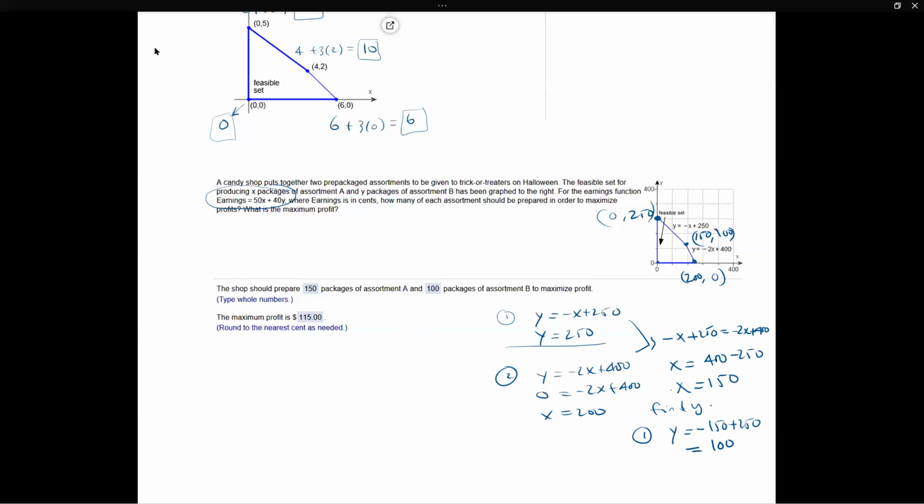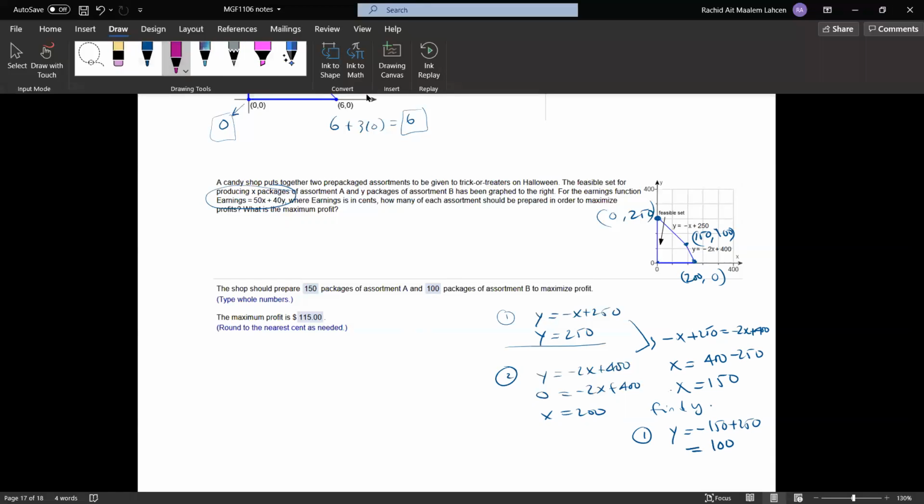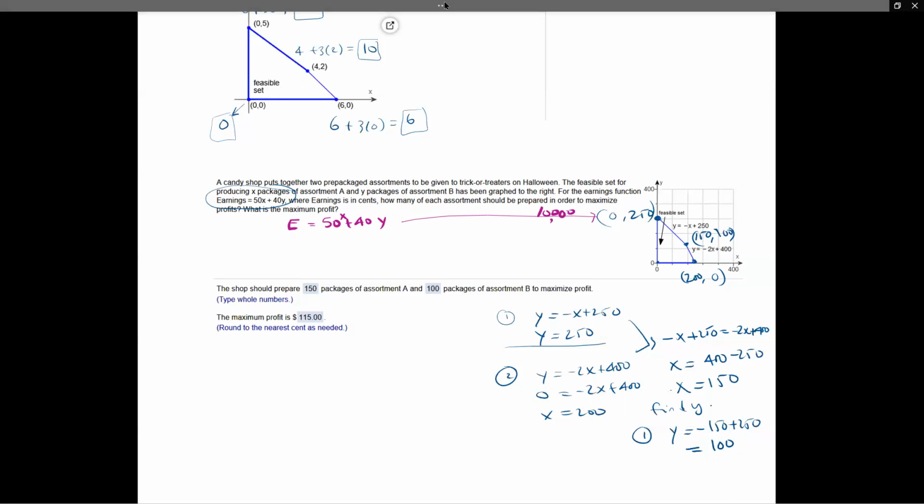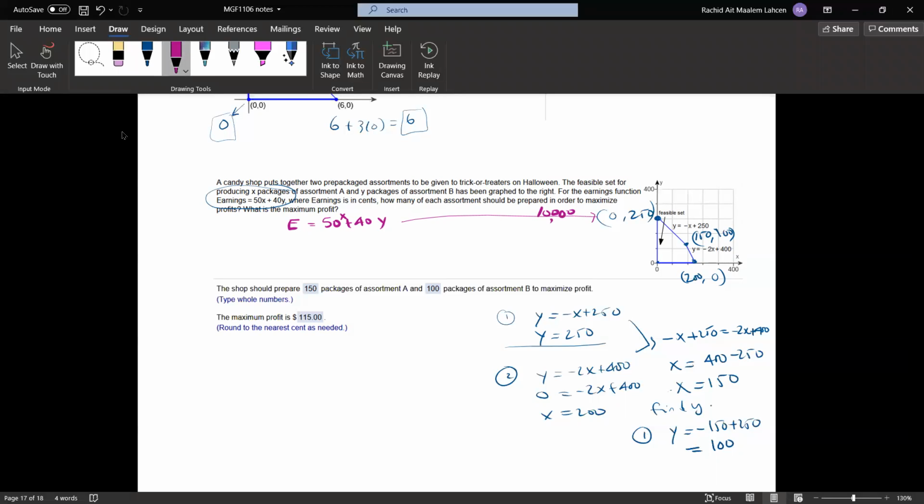Now we know these, so we can start comparing. This is the goal: the objective function is 50x plus 40y. For this vertex, that's 40 times 250, which is 10,000.